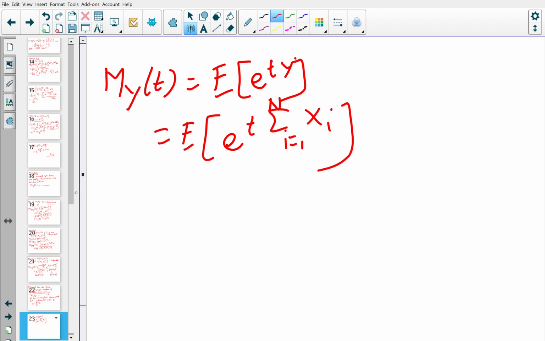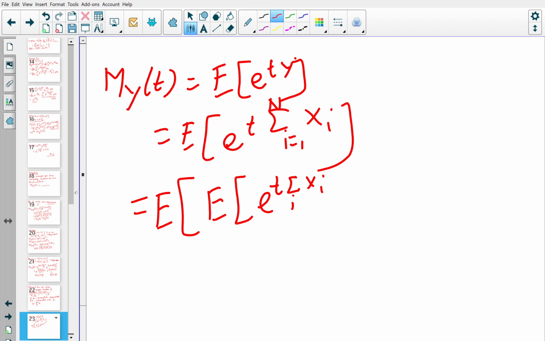We know that this is nothing but the expectation of the conditional expectation of e power t summation Xi, i equal to 1 to n, with respect to N. This is the property: expectation of X is the expectation of the conditional expectation of X given Y. So we will find this inner part first.